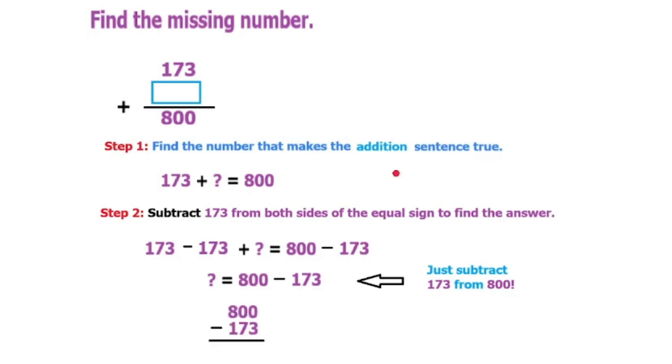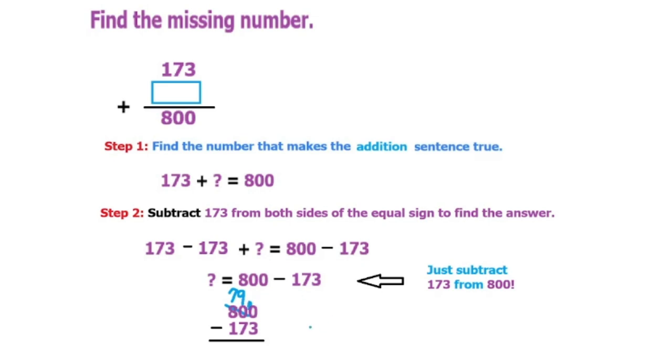So let's do that calculation. So let me put that in blue. So we can't subtract 0 minus 3. So what we're going to do here is we're going to take 1 from 80. 80 will become 79. And this 0 here becomes 10, right?